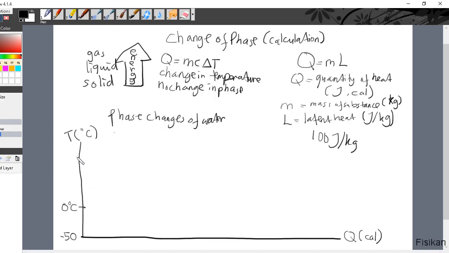And then at this point I will write 100 Celsius degree. Okay, so in this form, water is in ice form. Yes, it is solid. And then if you heat the ice, if you give energy to the ice, it will increase in temperature.